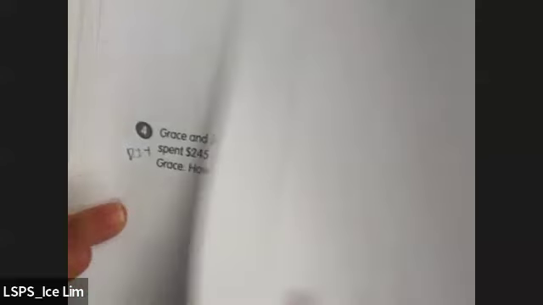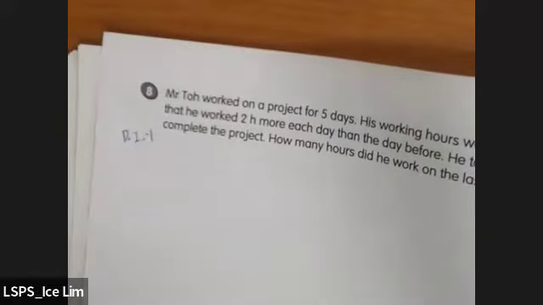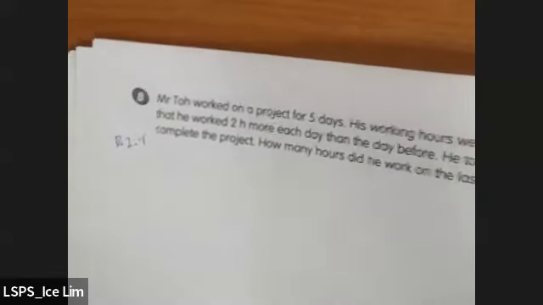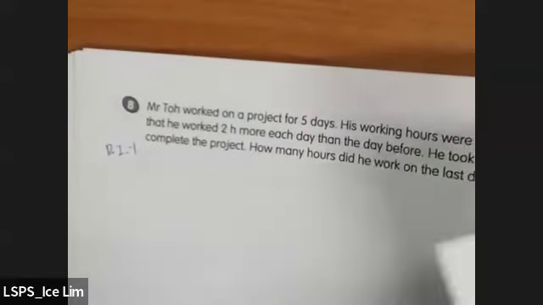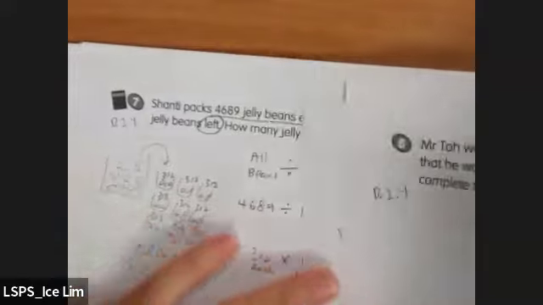Those kinds of questions I will not be explaining in class, as well as the last two pages, page 44, 45 and 46. We will be moving on to the next chapter of fractions. And what time is my lesson supposed to end? 11:10. Okay, so we still have time, very good.